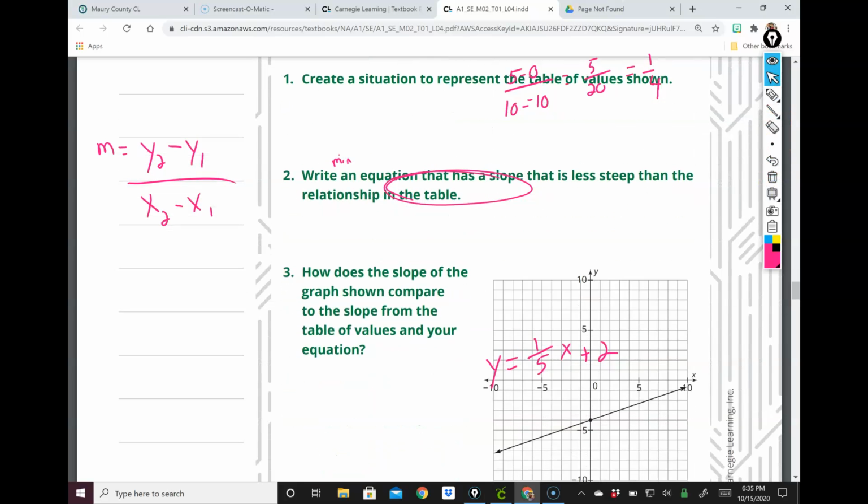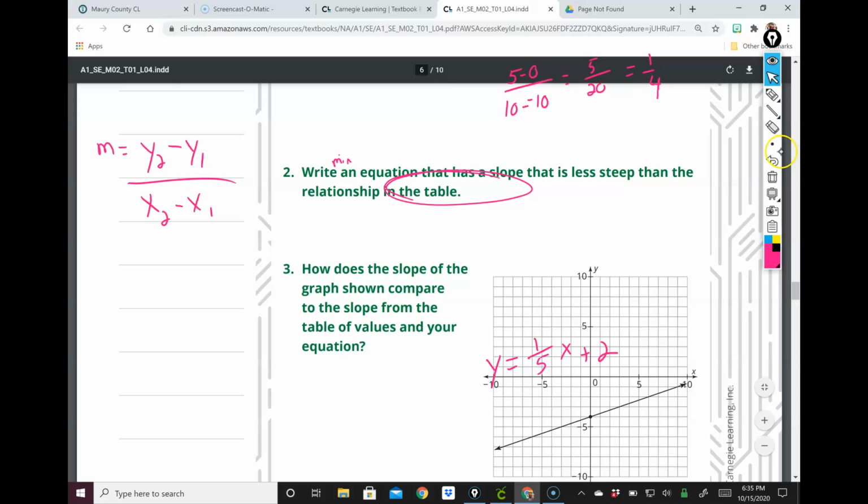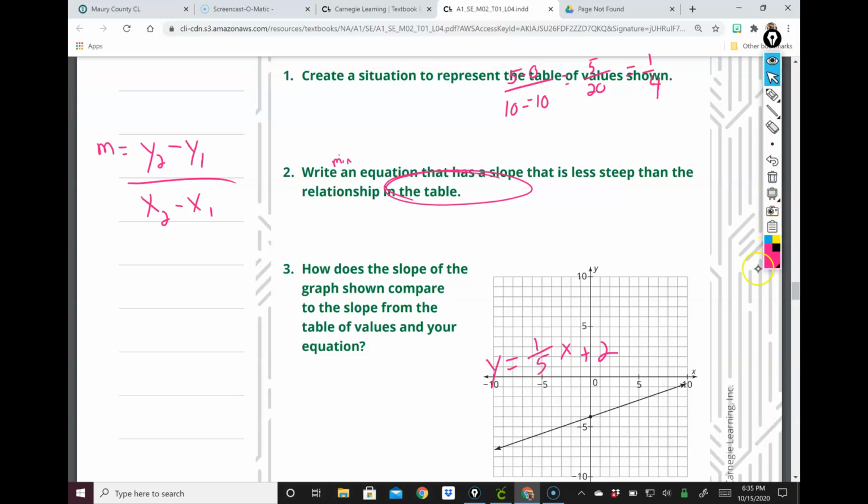Let's go down here to the graph. The graph, we did it, right? It was 1/3. So this 1/3 is, if you think about 1/4, 1/4, 1, 2, 3, 4.